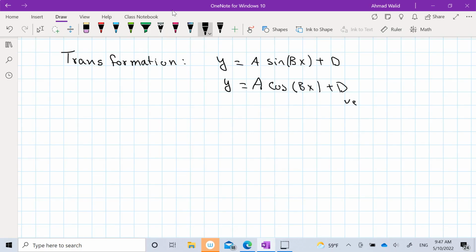D is your vertical shift. Of course, if it's positive, you shift up. If it's negative, you shift down.